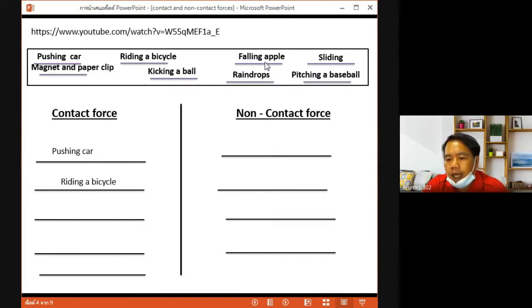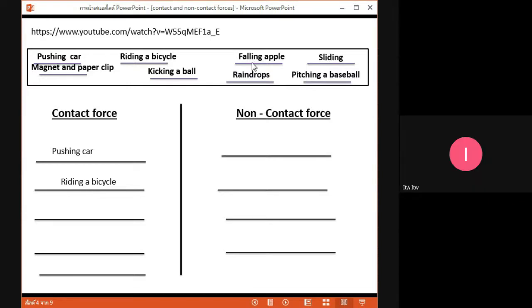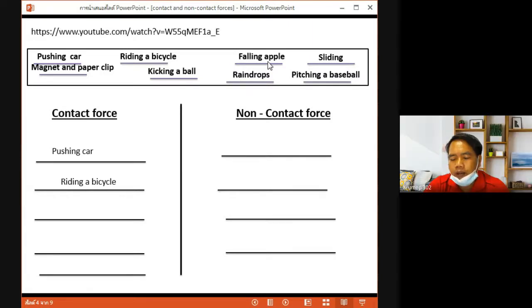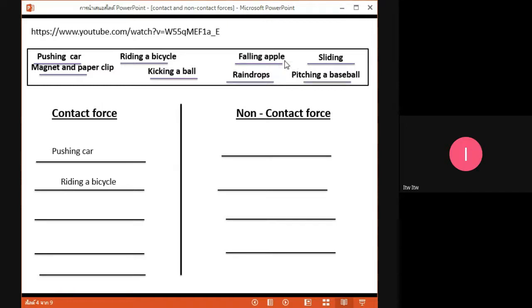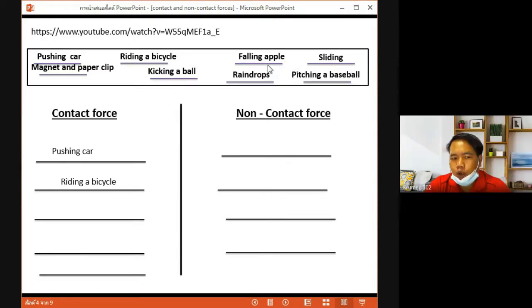Okay, where is Satang? Satang, are you here or absent? Absent. Okay, 0. Kati. Kati is here. Falling apple. Is this contact force or non-contact force?